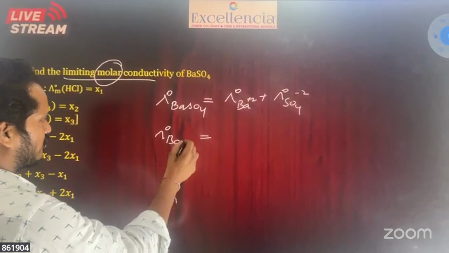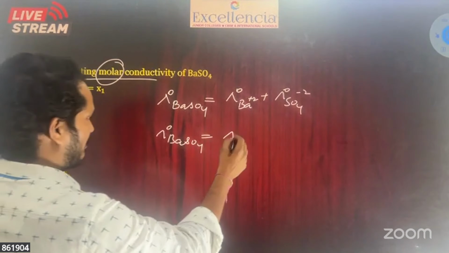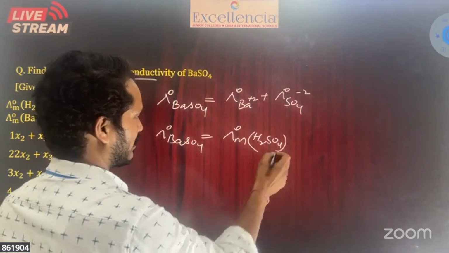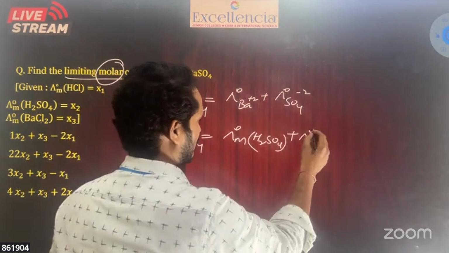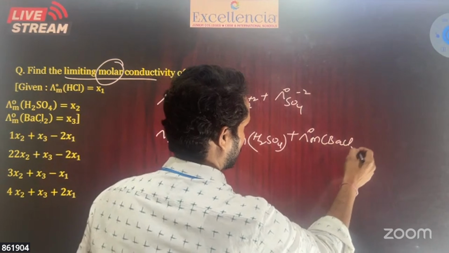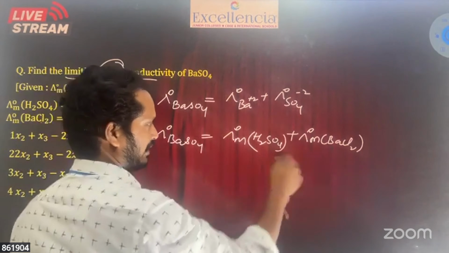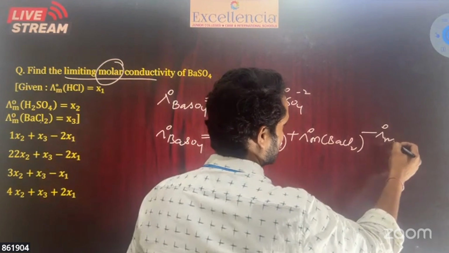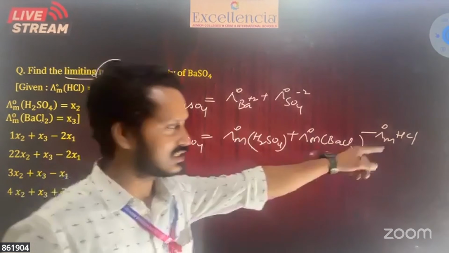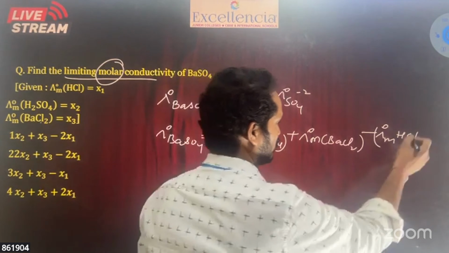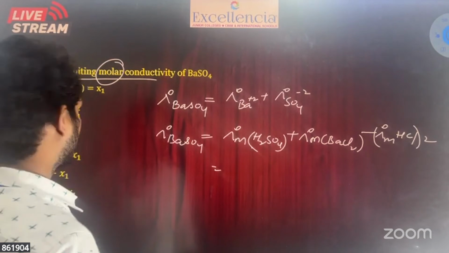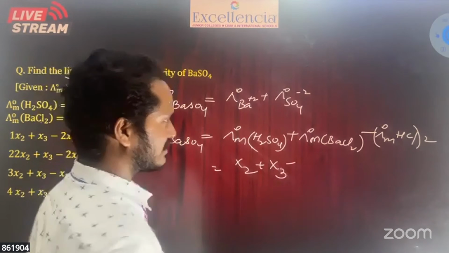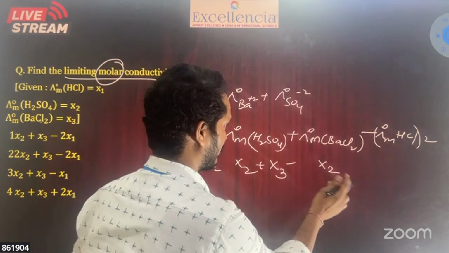Lambda naught of BaSO4 is equal to lambda m of H2SO4, because I got SO4 here, and next lambda naught m of BaCl2, where I got Ba2+. But I want to eliminate the H and chlorine, so I take lambda naught m of HCl, which gives only one H+ and one Cl-. I want to remove 2 times, so I multiply by 2. So this is x2, this is x3, and minus this, x1, multiplying with 2.